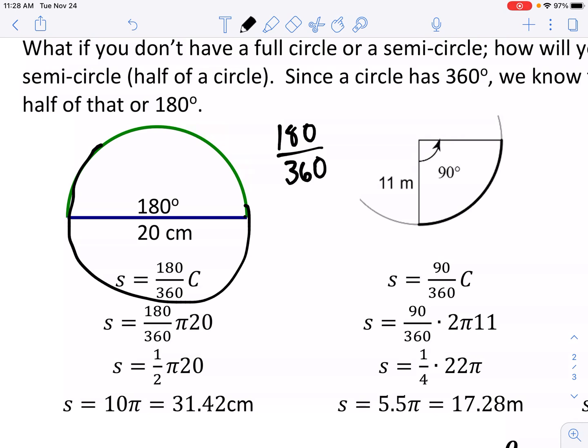So since we're only looking at a portion of the circle, we are going to multiply 180 out of the total 360 by the circumference, and that would be this arc length here. Or in other words, if we reduce it down, we're looking at half of the circumference, half of the length, okay? So that's kind of where this guy comes from, okay?